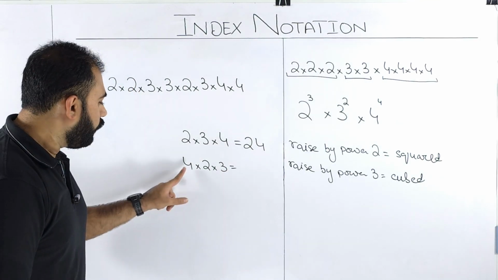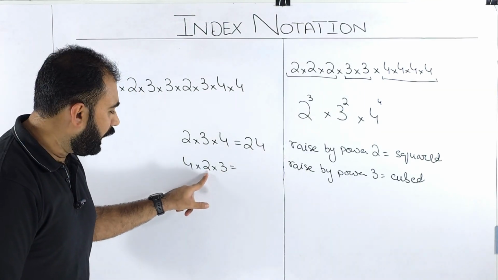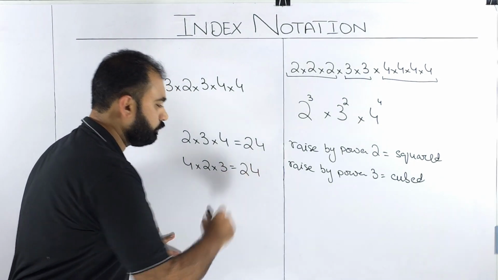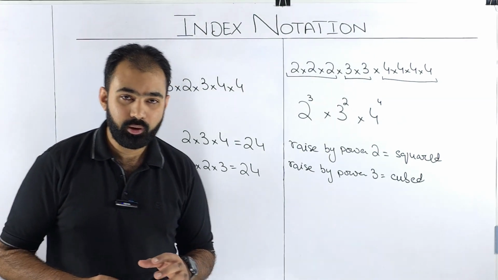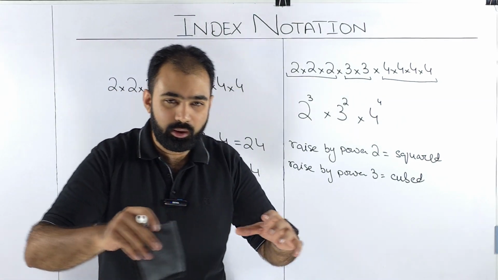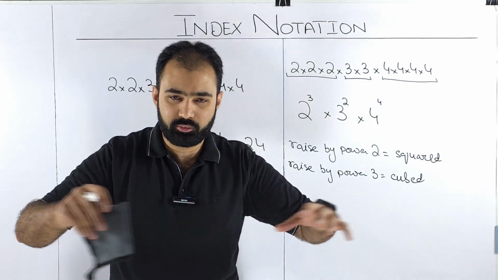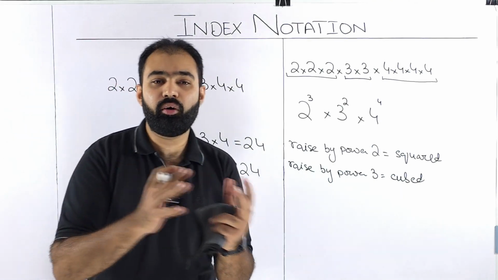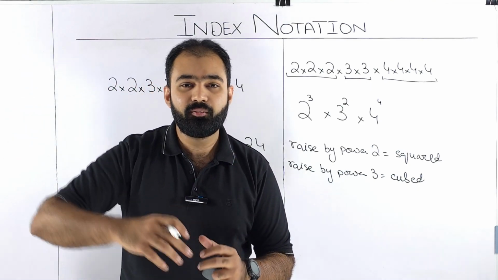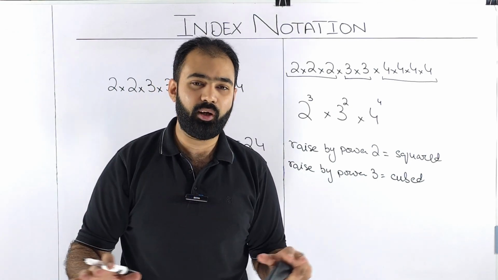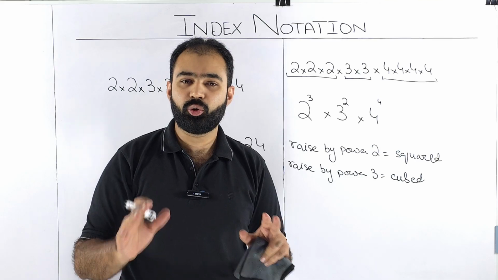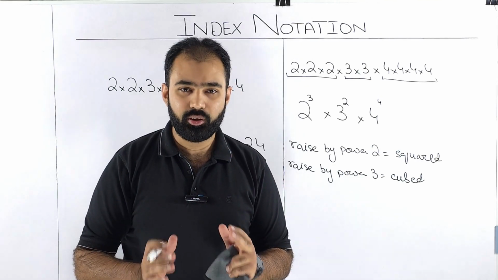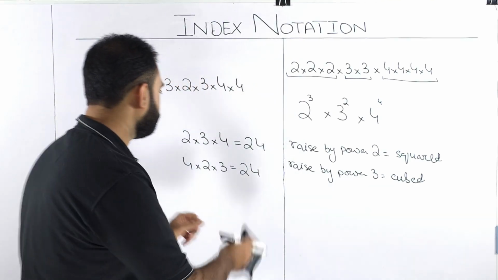What do I get? 4 into 2 is 8, and 8 multiplied with 3 is 24. This proves अगर मेरे पास एक एलिमेंट्स की सीक्वेंस है, एक स्ट्रिंग है, एंड दे आर ऑल मल्टीप्लाइंग टुगेदर, अगर मैं उनको रिपोजिशन कर दूं, मेरे फाइनल आंसर पे उसका कोई इफेक्ट नहीं आता. सो आई कैन एक्चुअली इजीली रिपोजिशन द एलिमेंट्स फॉर माय कन्वीनियंस.